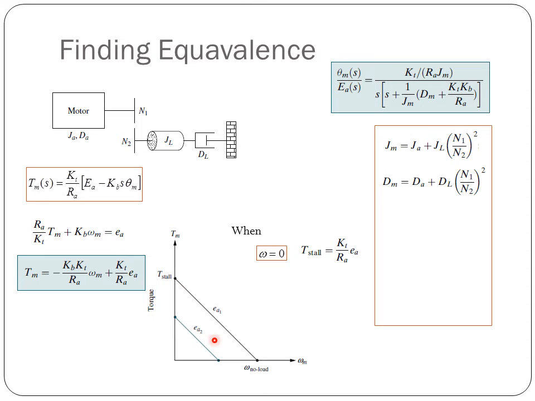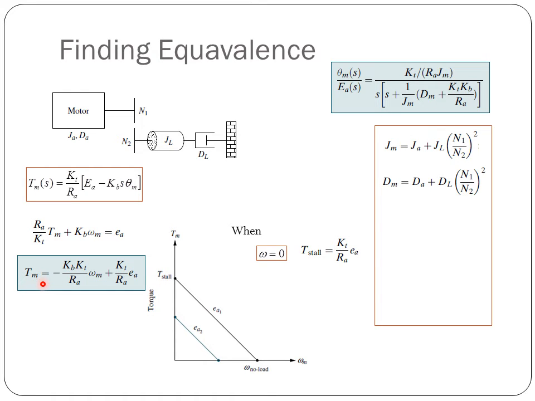When we somehow stop the rotor, omega m is 0, and whatever torque develops in the rotor in that case is the stall torque, which is the maximum torque that can be developed. We will put this stall torque in this equation.